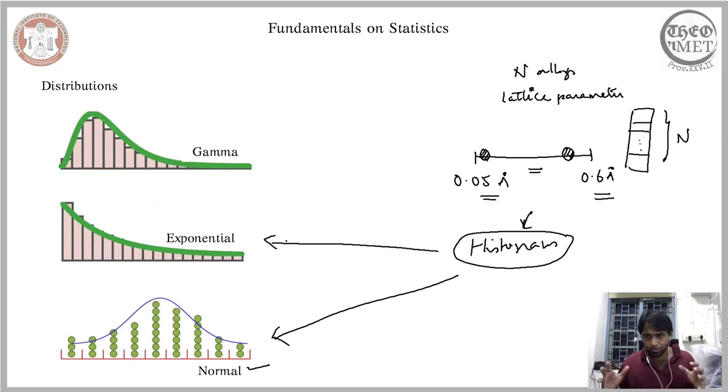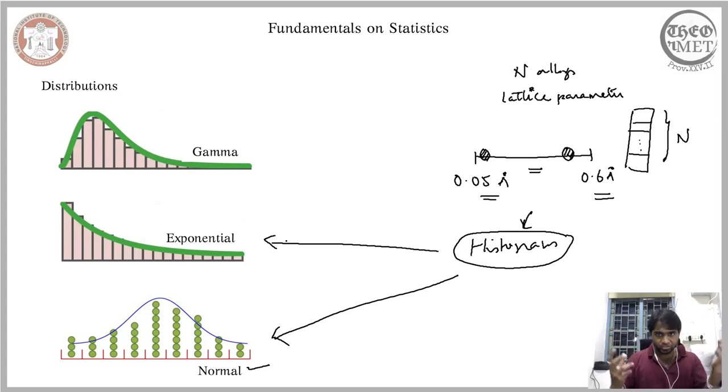One is where the population is concentrated at the center, the average lattice parameter, and as we move away from it the population gradually decreases. This we refer to as the normal distribution. The other case is where the larger portion of the population is concentrated at the lowest lattice parameter, and as you increase the lattice parameter, the population gradually decreases, as shown by the histogram. When you fit a curve over that histogram, we end up with an exponential distribution curve.